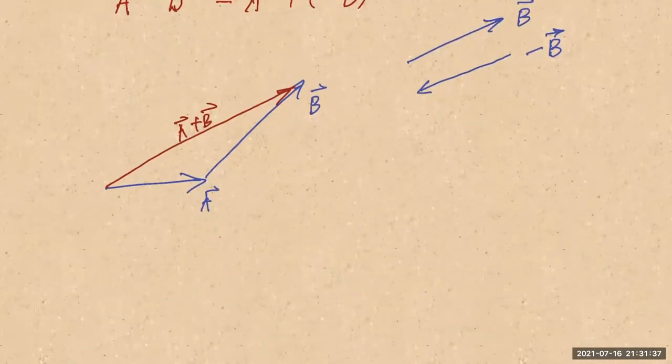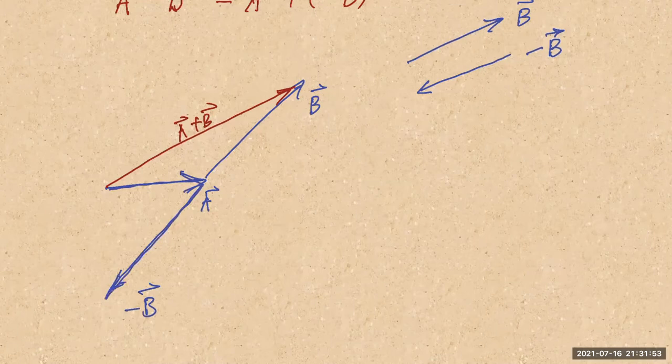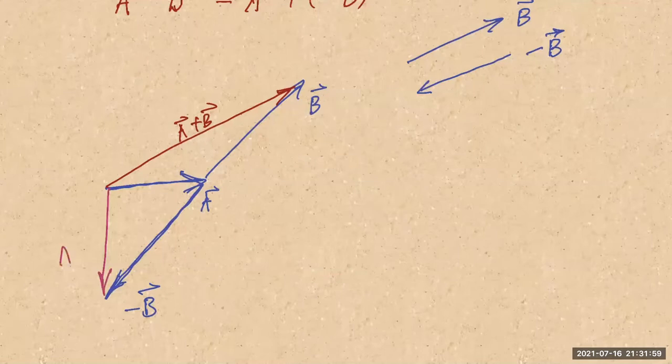You have to add A and negative B. So I'm going to draw a negative B now. Negative B, okay, that's a vector going backwards. And we have to add A and negative B. That's all I have to do. Just add those two up. So therefore, I end up with a different vector, this one. That is A minus B, because it's A plus negative B.